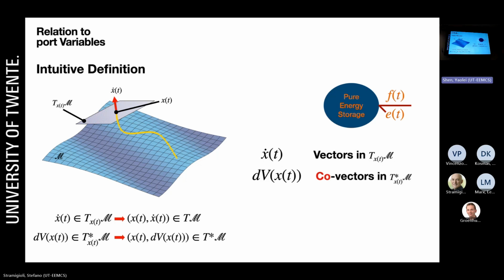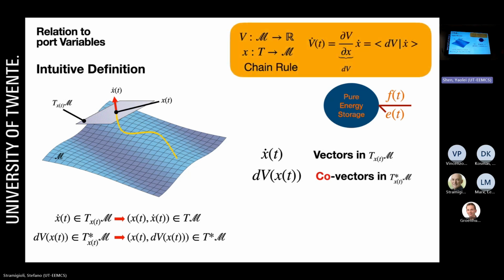So if you have V, dV is actually a 0-1 tensor field. If I give you a manifold and an energy function, that energy function automatically defines algebraically a 0-1 tensor field. So at each point you have a dV, which belongs to the dual space.